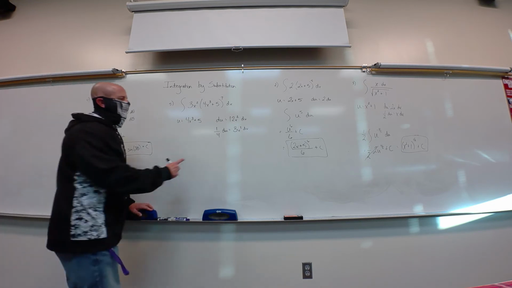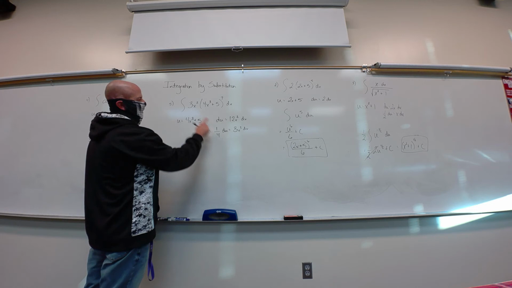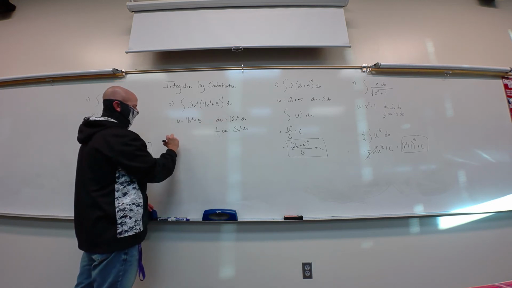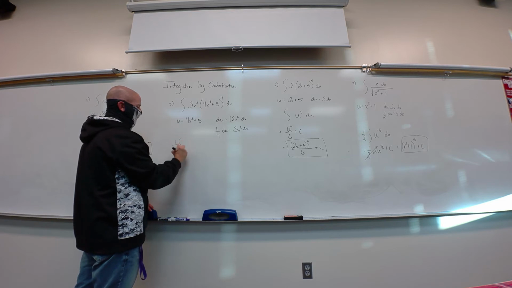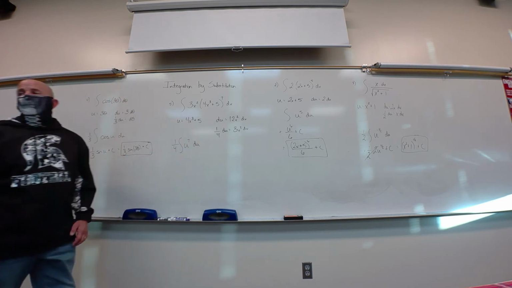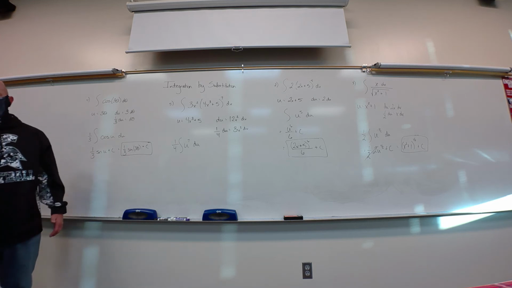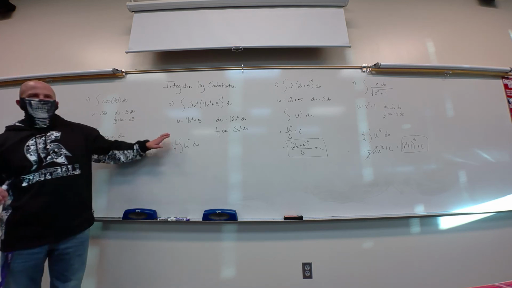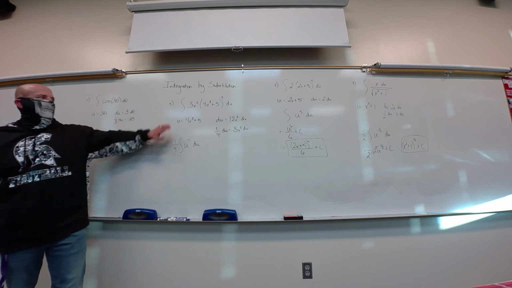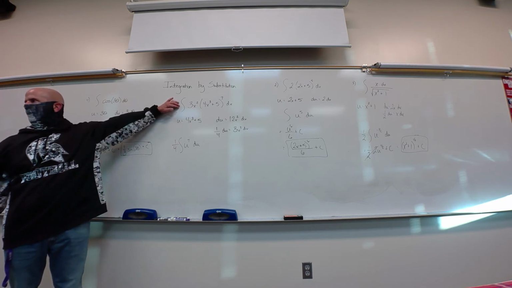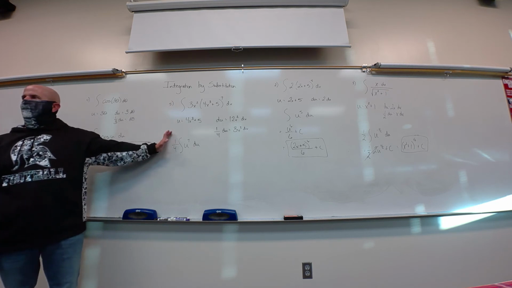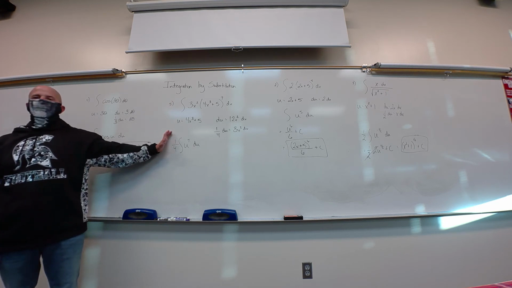Now I'm set. 3x squared, there's my 1/4 du. u to the 7th, so here's my integral: 1/4 integral u to the 7th du. Now again, what we're going for here is, this should look really easy to you right now. This, not so much. But if I can get it reduced down to that basic integral for me, that's what I want.